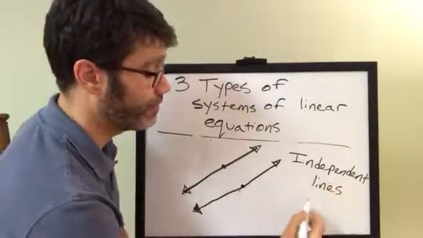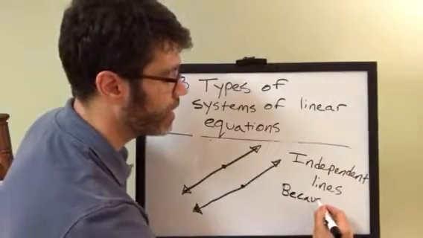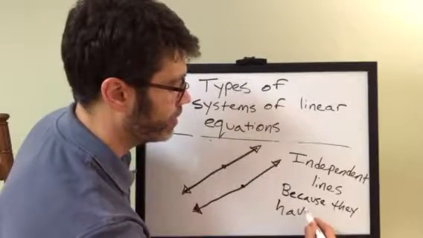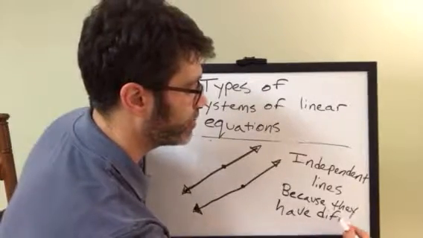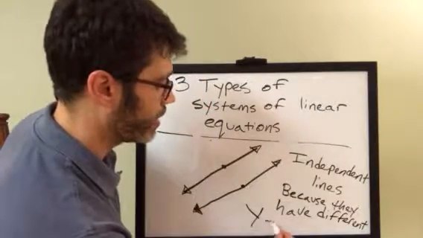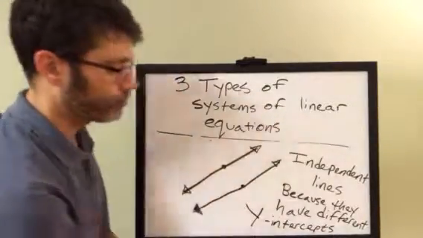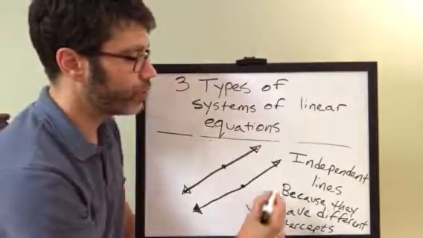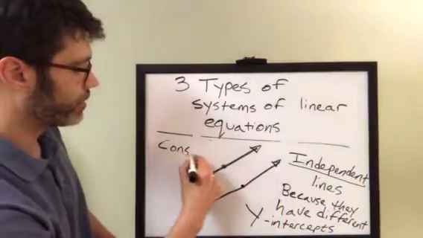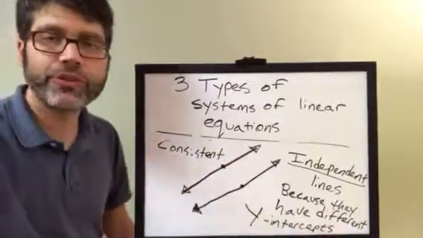So these are independent lines because they have different y-intercepts, okay? And so parallel lines will be independent as well as inconsistent. And in the next video, I'll show you the third type of scenario.